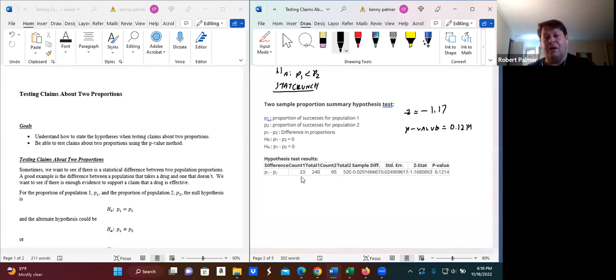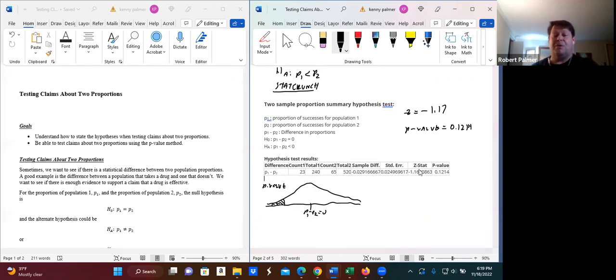Now, think of this once again as a standard normal distribution, with P1 minus P2 equal to 0 in the middle, and this is that P1 is less than P2, so our p-value is over here.